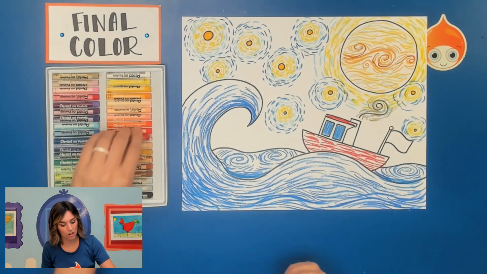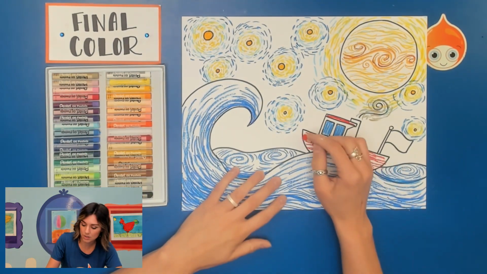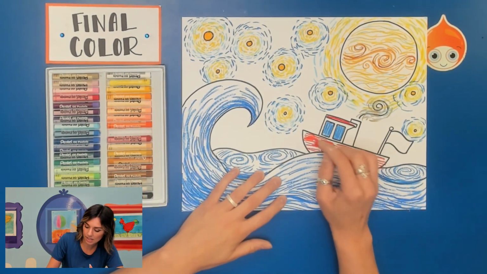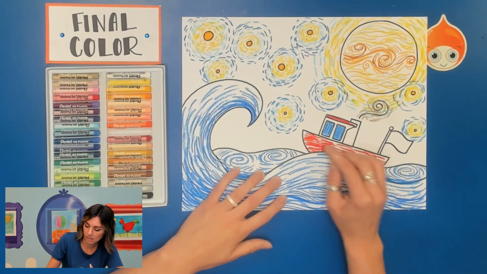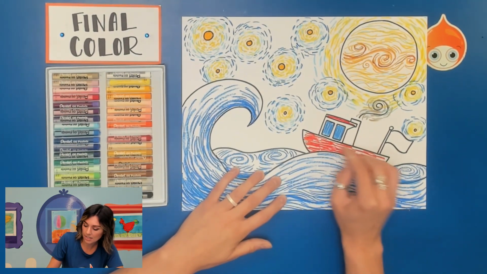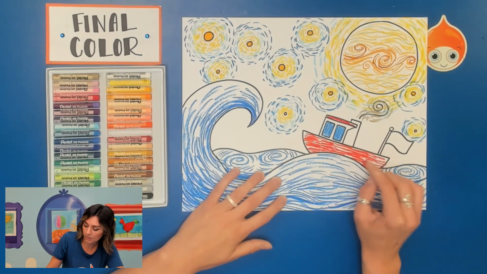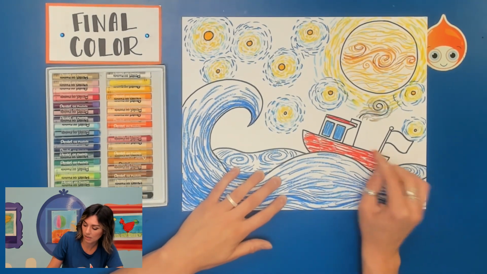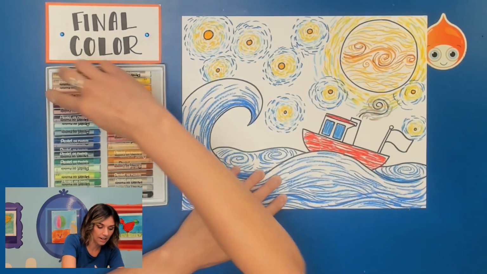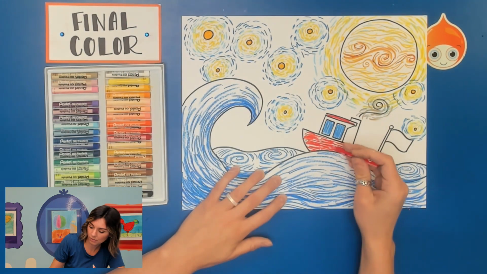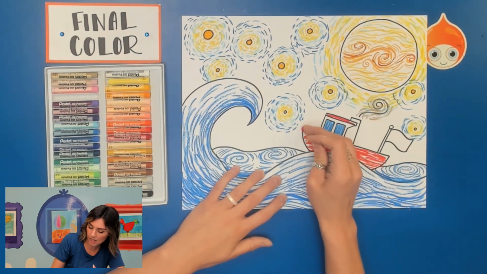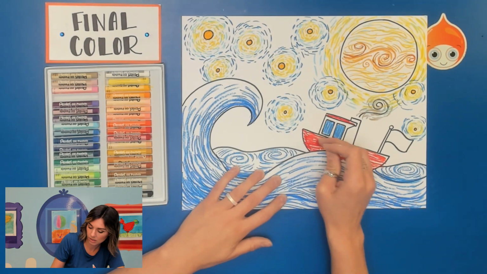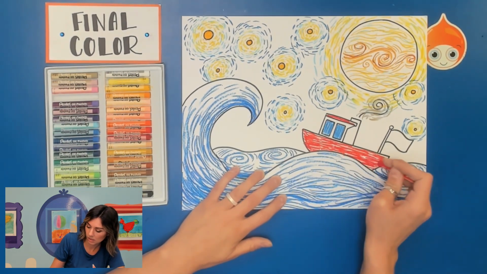All right, and I have all sorts of different shades of red, so I can take that. And again, it is okay to see some of your white from your paper. And then I think I'm going to grab this darker red right here, just to add a little bit more.